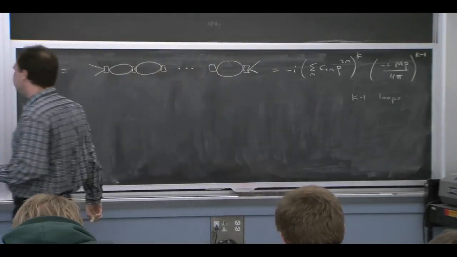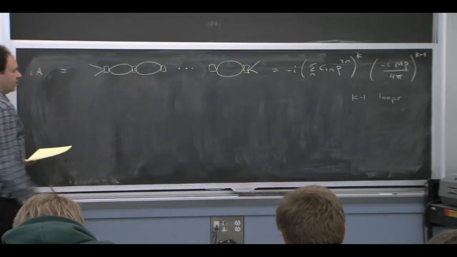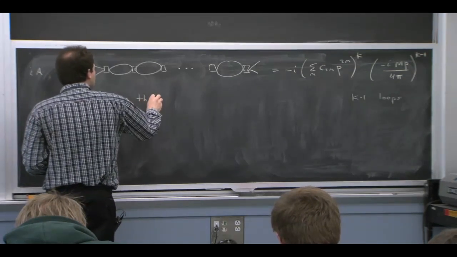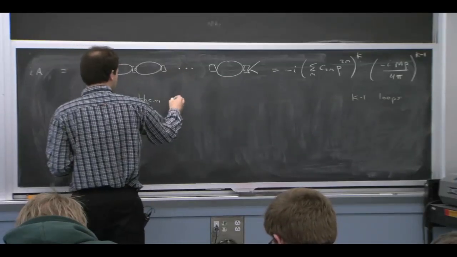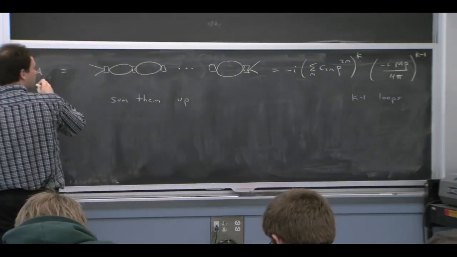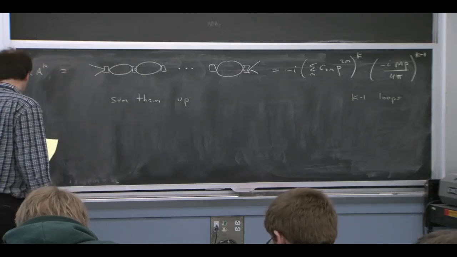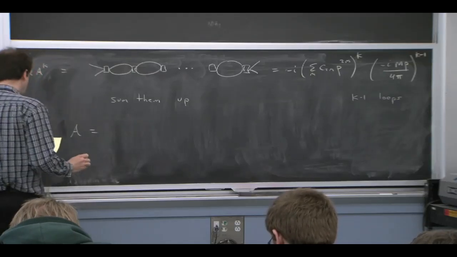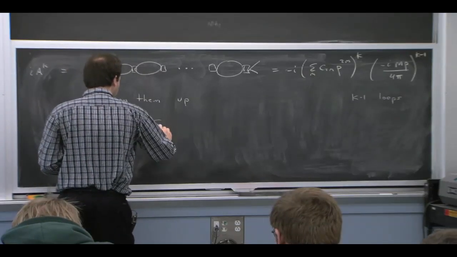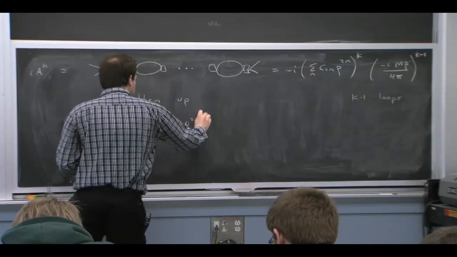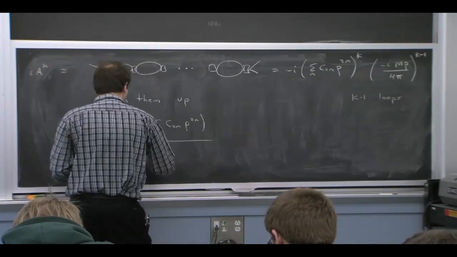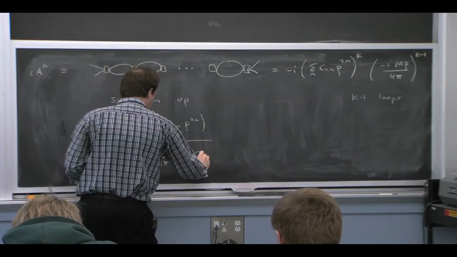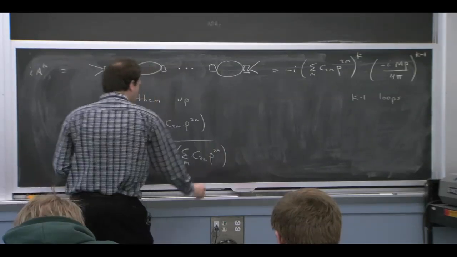Okay, so we just computed all the loop diagrams in the theory, and it's giving us something that we can sum. It's a geometric series. So this is for k minus 1 loops. We can sum them up. So if you like, I should have called this the kth term. And if I sum them up, cancel an i on each side, look at that.